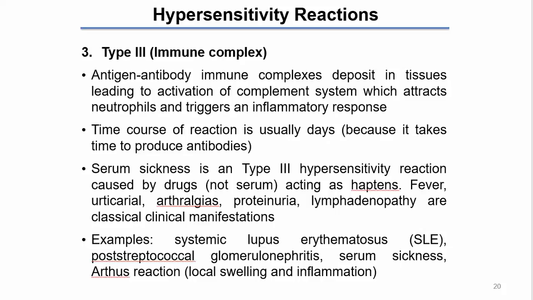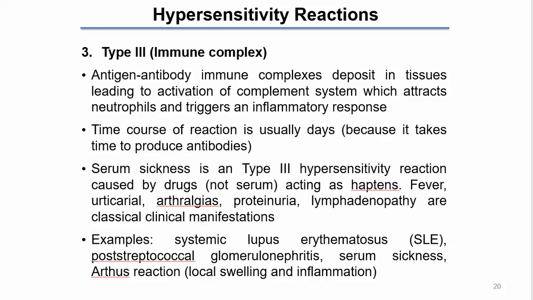So when it binds with proteins in the body, it acts as an antigen, and then the antigen reacts with the antibody, and then that causes inflammation. If it happens in the skin, you get hives, in the joints, you get joint pain, you get proteinuria. Lymphadenopathies are swollen lymph nodes. So classically, this is what you get, and it kind of ends up everywhere.